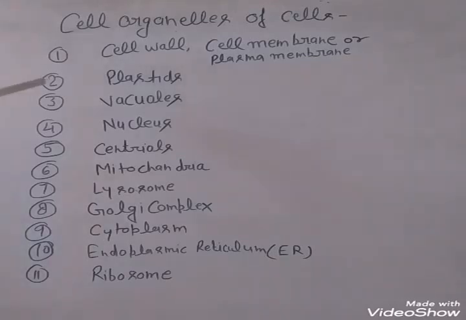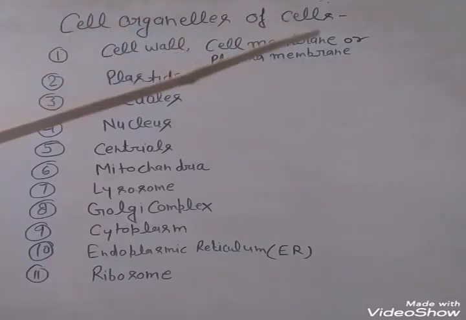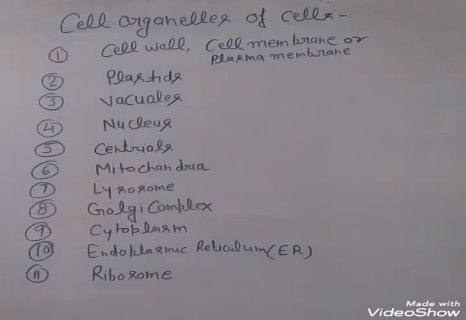These are the different cell organelles present in a cell. First, cell wall or cell membrane or plasma membrane. Second, plastid, vacuoles, nucleus, centriole, mitochondria, lysosome, Golgi complex or Golgi body, cytoplasm, endoplasmic reticulum called ER, and ribosomes.